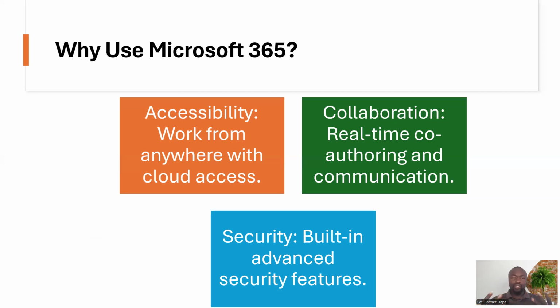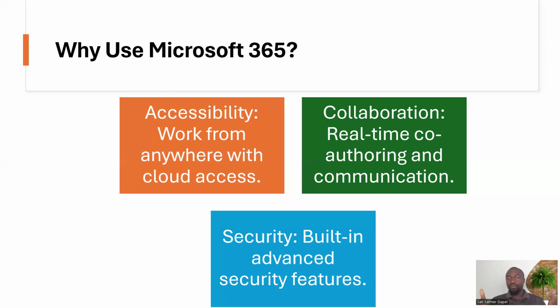Okay. It also gives you collaboration. All right. Real-time co-authoring and communication. For those of you in master's or PhD, or those of you in postgraduate, you may have an interaction with your supervisor. So your supervisor may make use of it, or those of you who are staff, you may have a document, your secretaries, you have a document that you are preparing, and you need your supervisor or your colleagues or somebody else to be able to make comment or make input.